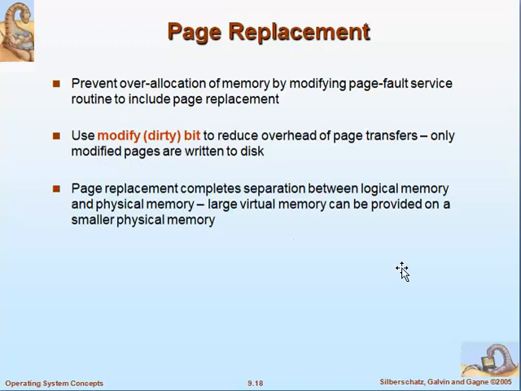The operating system will then check whether it is an invalid reference to memory or whether the page is simply not present in memory. That decision is made by the operating system, and if it is an invalid memory access, then an error is generated and the process is aborted.